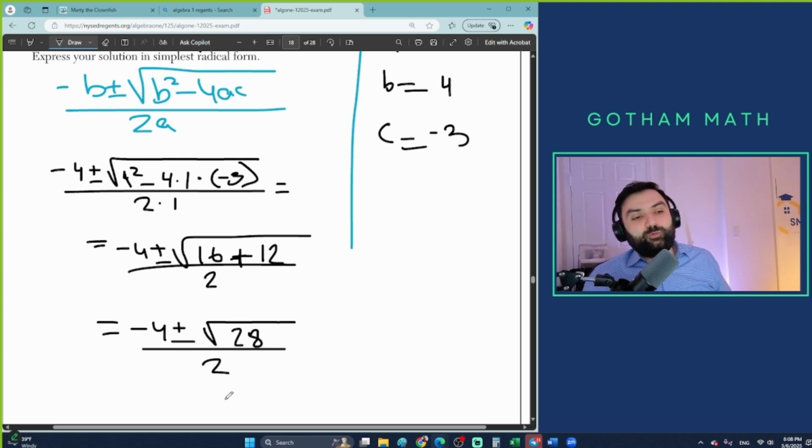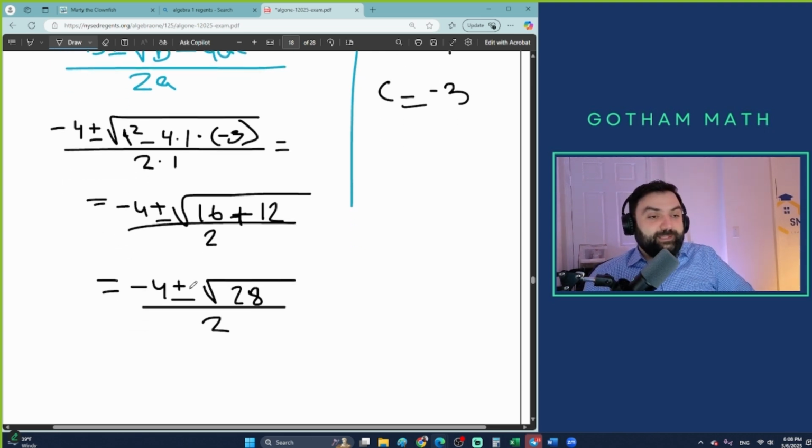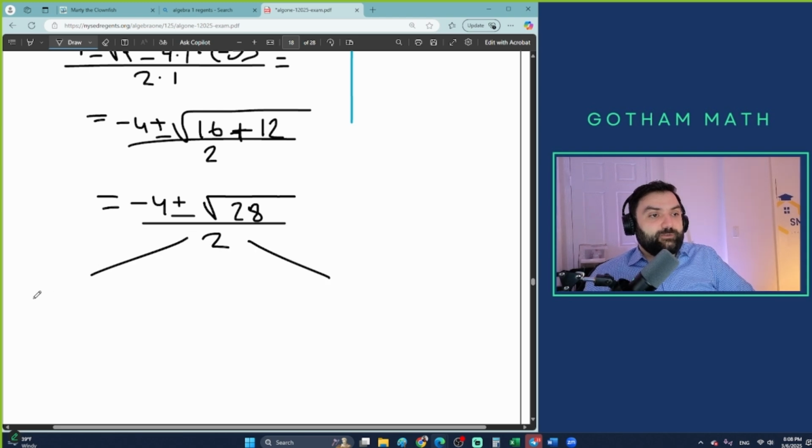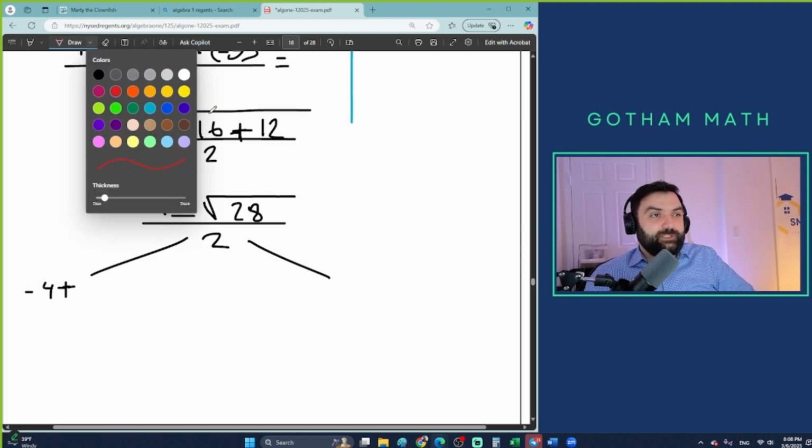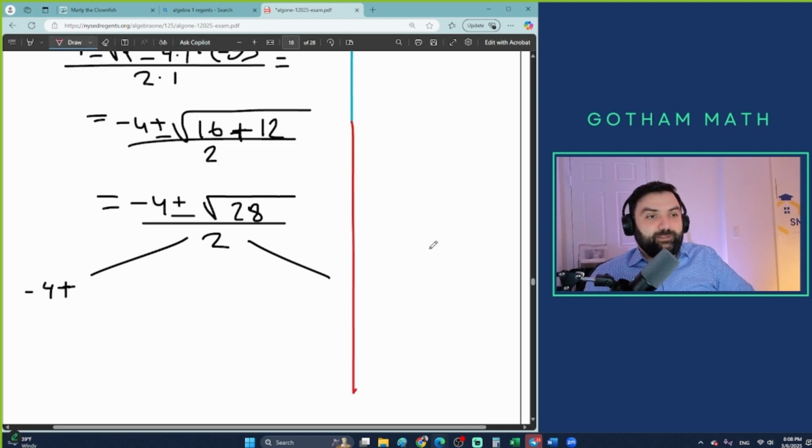Now you need to know what to do here. You will need to split it into two fractions. One fraction will be negative 4 plus, and then we have to simplify, by the way, we can do it on the side, the square root of 28 by breaking it into square root of 4 and square root of 7.